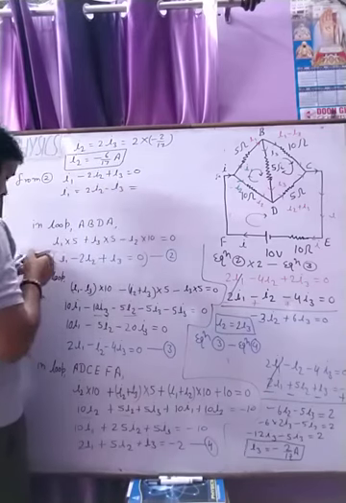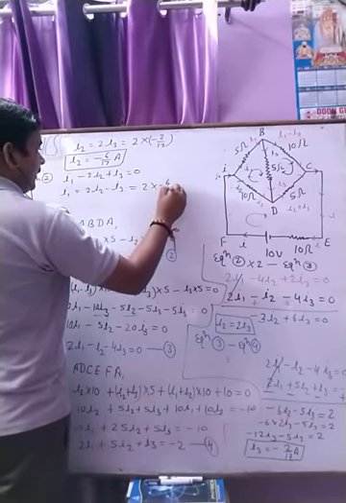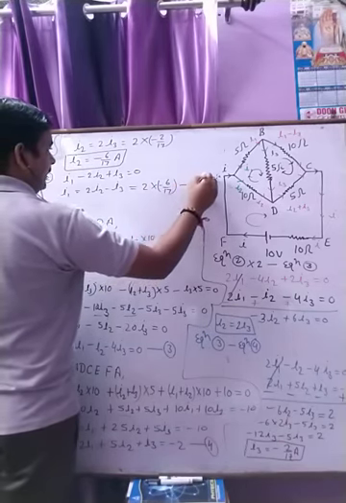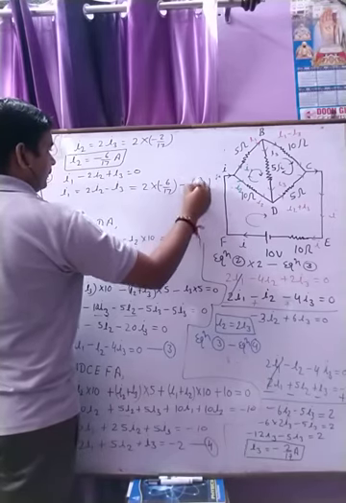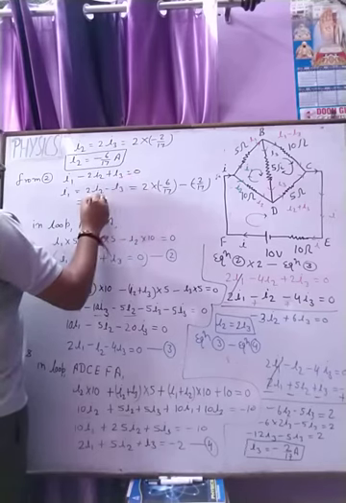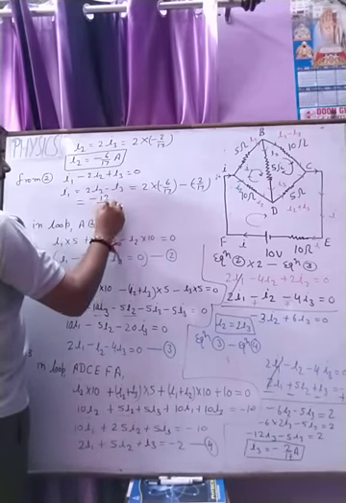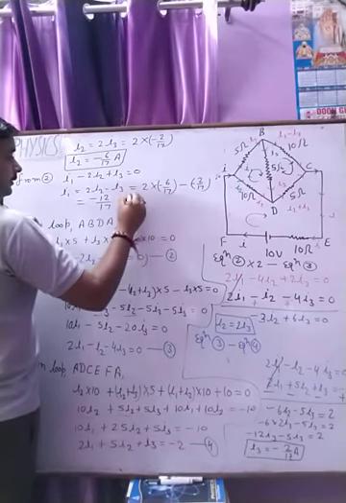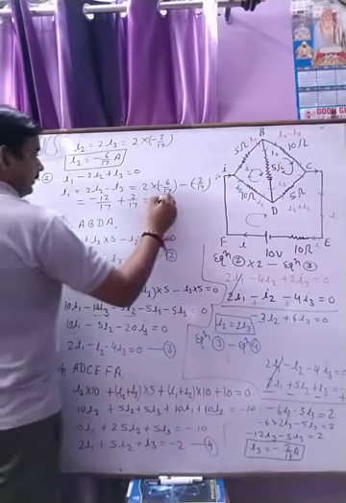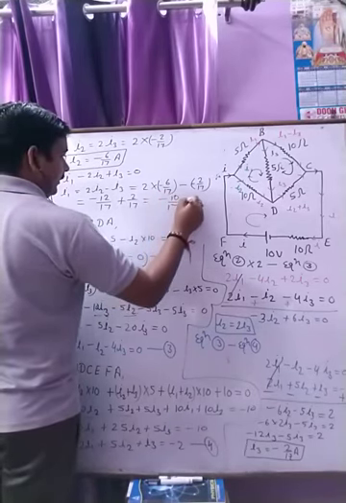This we have 2 into minus 6 by 17 and minus 2 by 17, that is minus 12 by 17 plus 2 by 17. On solving we get minus 10 by 17 ampere.